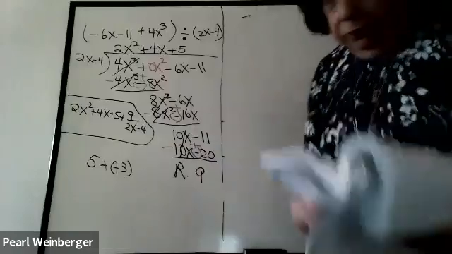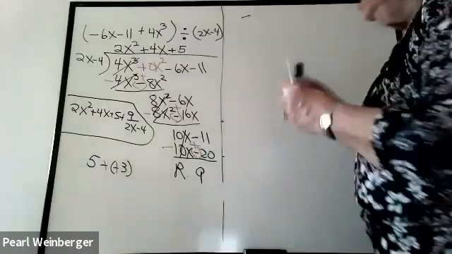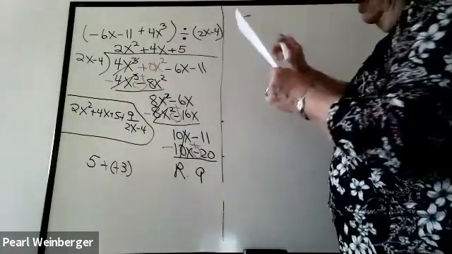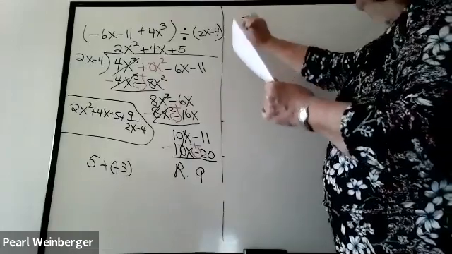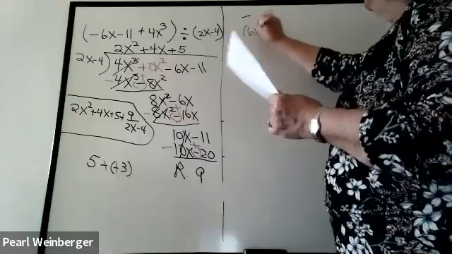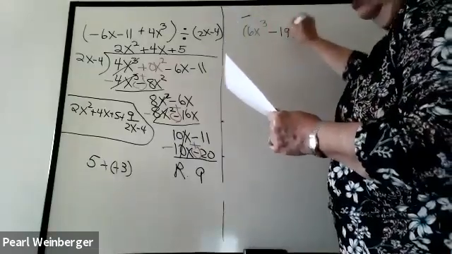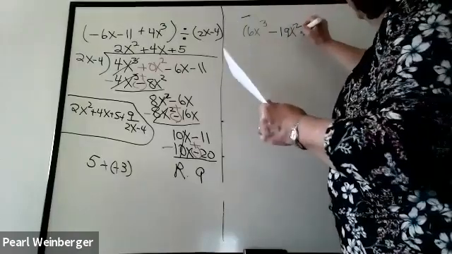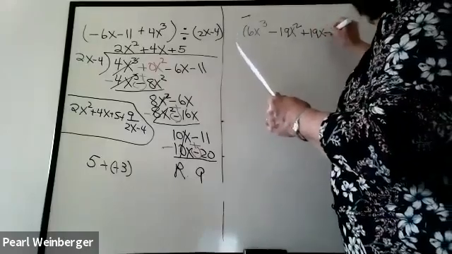Okay. Actually, this is one that's on the practice sheet. Suppose I gave you 6x cubed minus 19x squared plus 19x minus 2.